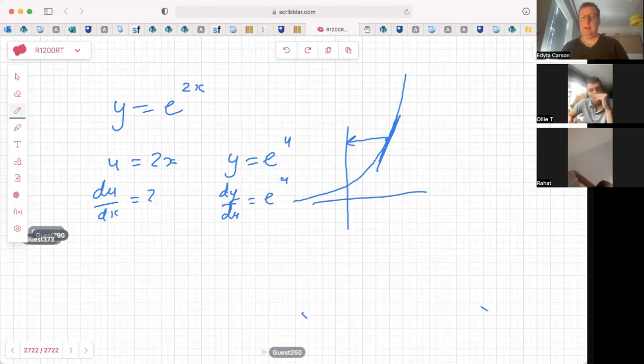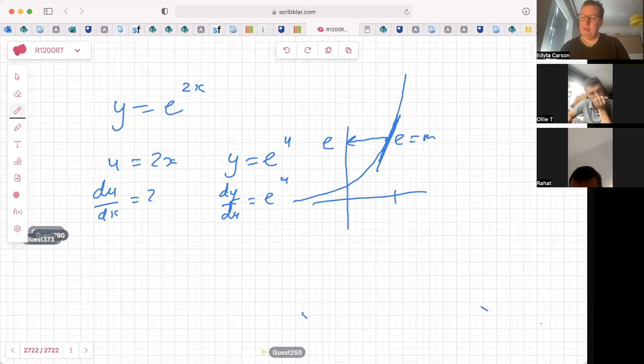But there you go, so it's the same value. So for example, at 1, the y coordinate is e to the 1, but so is the gradient. So the higher the y value becomes, the steeper the gradient becomes.